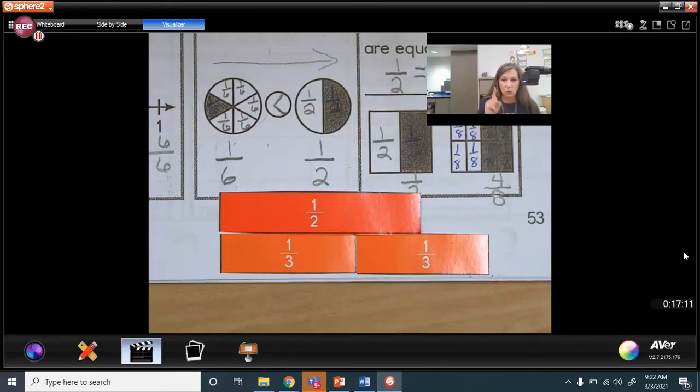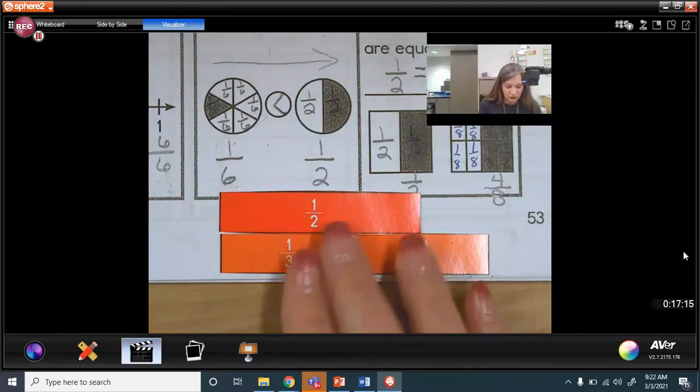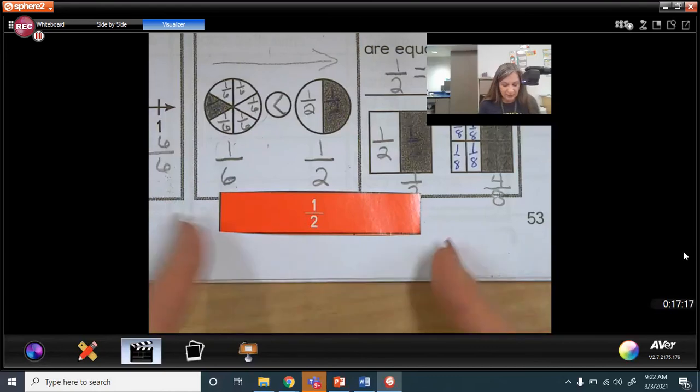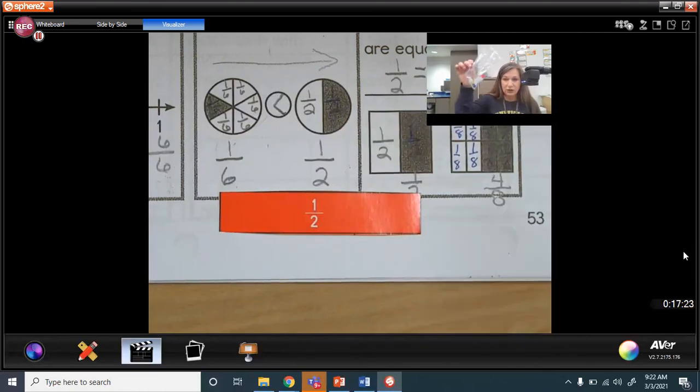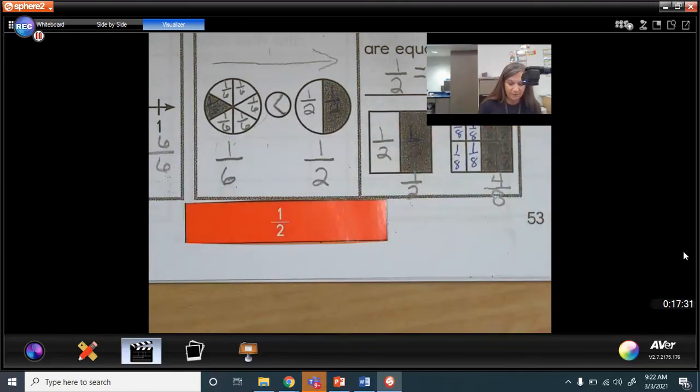I want you to find one more fraction using your fraction strips that's going to line up and equal 1/2 with the 1/2 strip. So use these fraction strips, line them up against the 1/2, and see if you can make another fraction that is equal to 1/2.